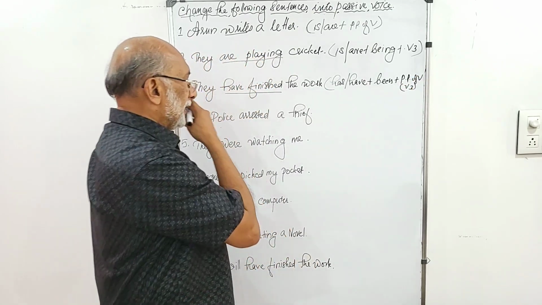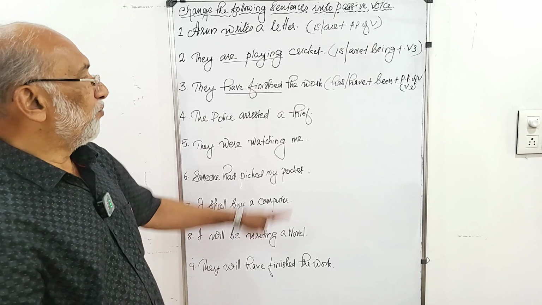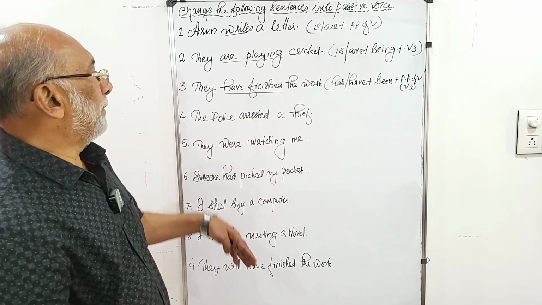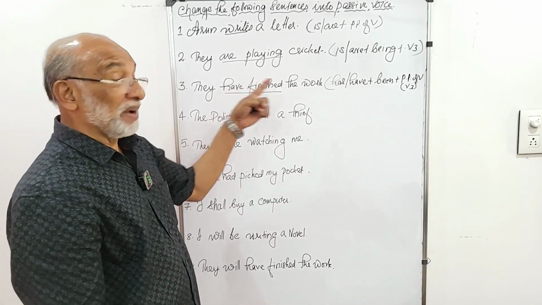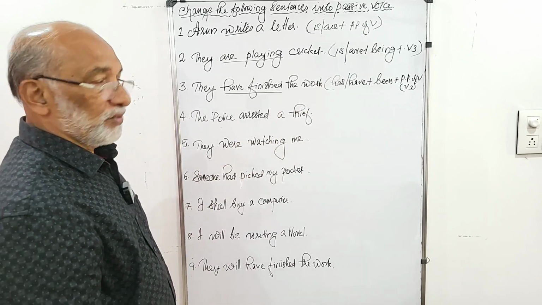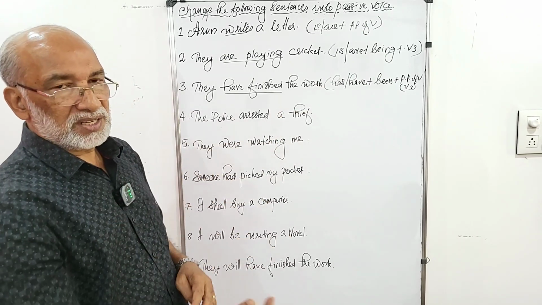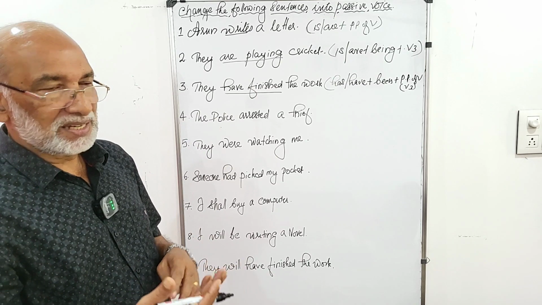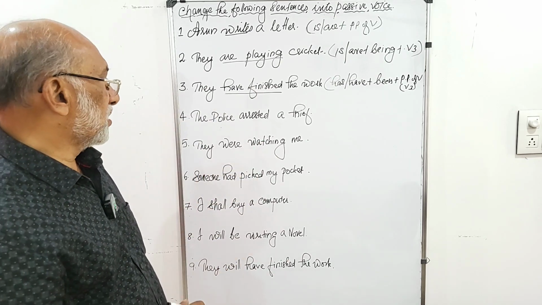That is the structure of the verb in passive as far as present perfect is concerned. Of course, you have to change the subject into the object and the object into the subject.